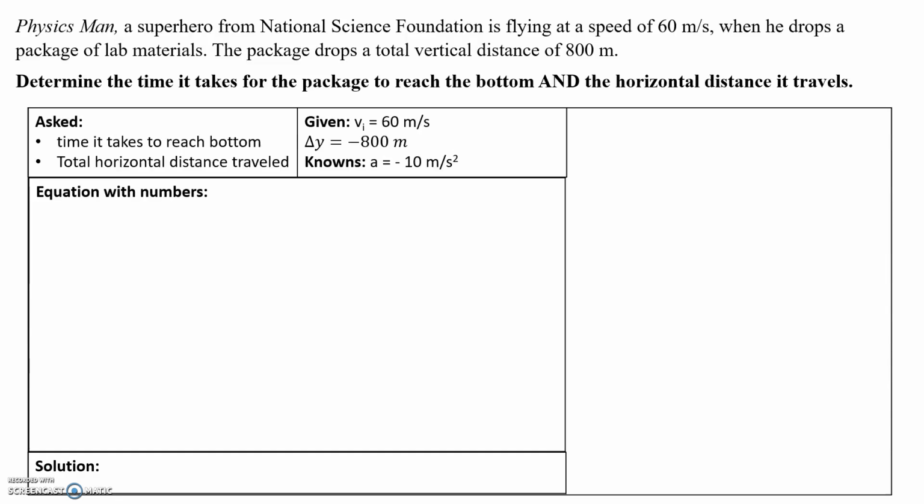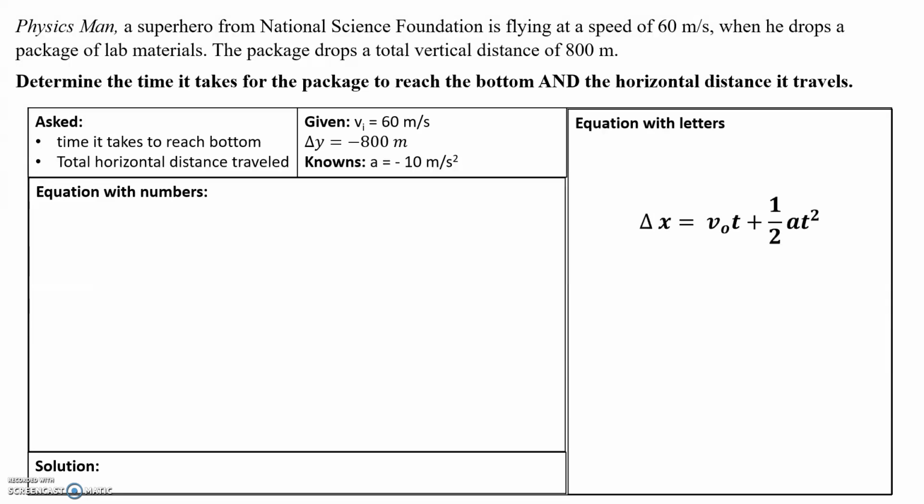We know that the plane is flying at a height of 800 meters, and remember that the convention is negative for downwards, so I assumed that the distance is in the downward direction, so that's going to be a negative. And our known is that gravity is negative 10 meters per second squared.